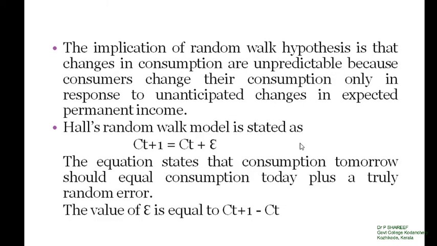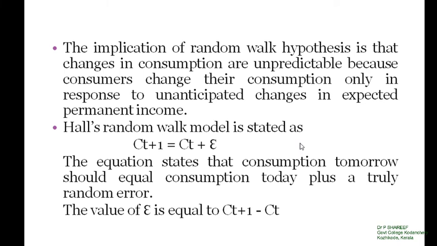The implication of the random walk hypothesis is that changes in consumption are unpredictable because consumers change their consumption only in response to unanticipated changes in the expected permanent income.